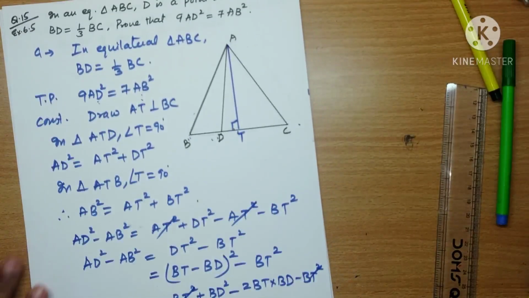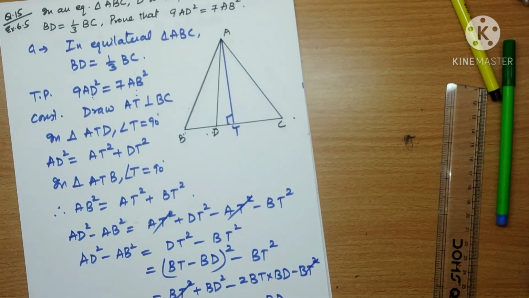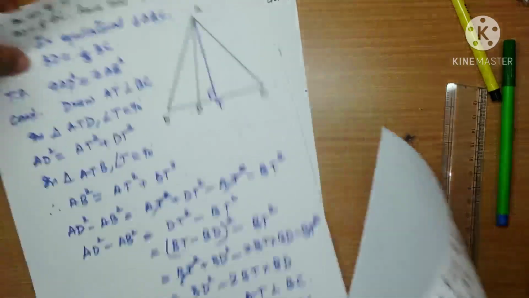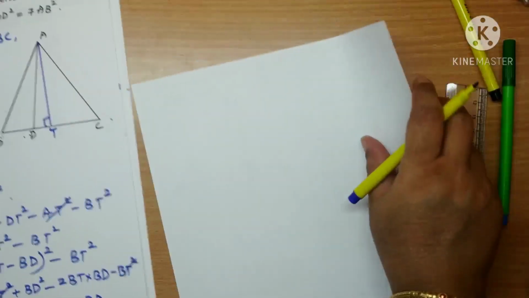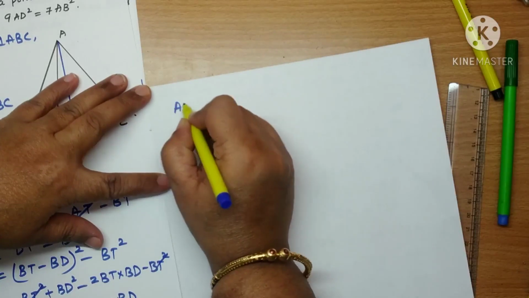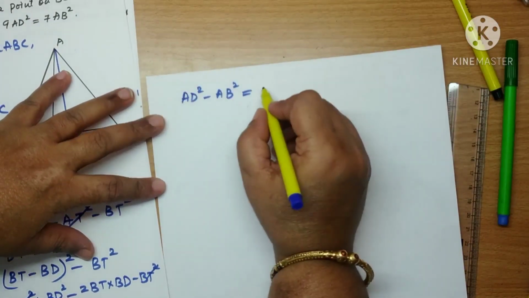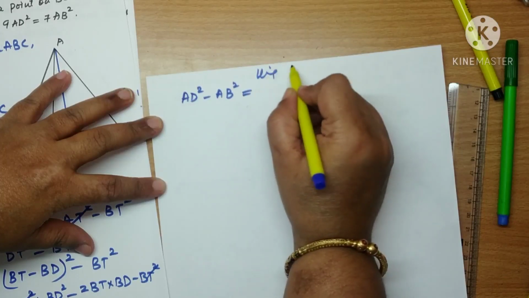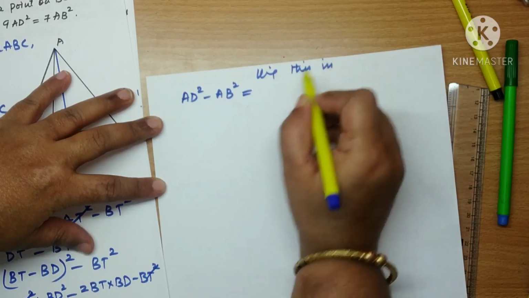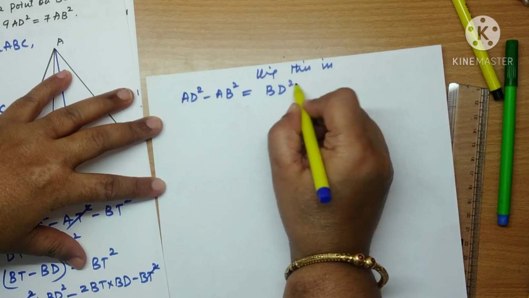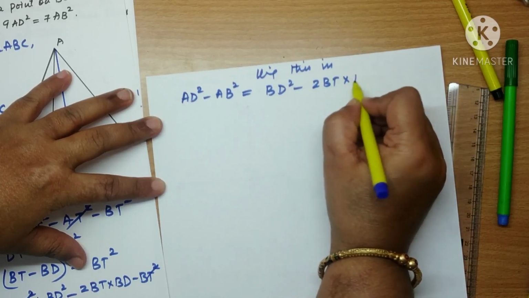So let us use these things. AD square minus AB square is equal to, let us write down the relation first, BD square minus 2BT into BD.